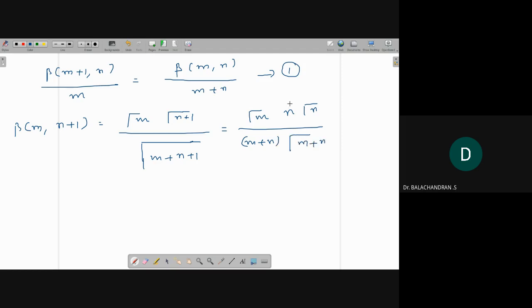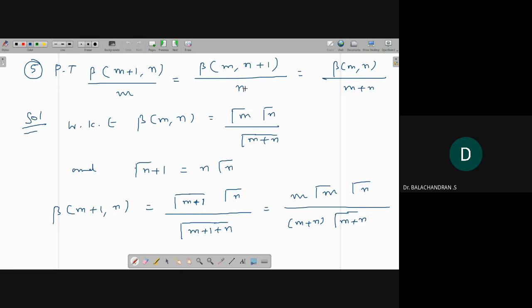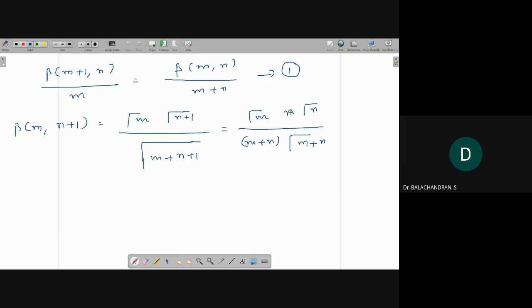Okay, so you can check here. In the denominator I have n, so I will write, I am dividing by n. If I divide by n on both sides, we get 1 by m plus n into gamma of m into gamma of n by gamma of m plus n.